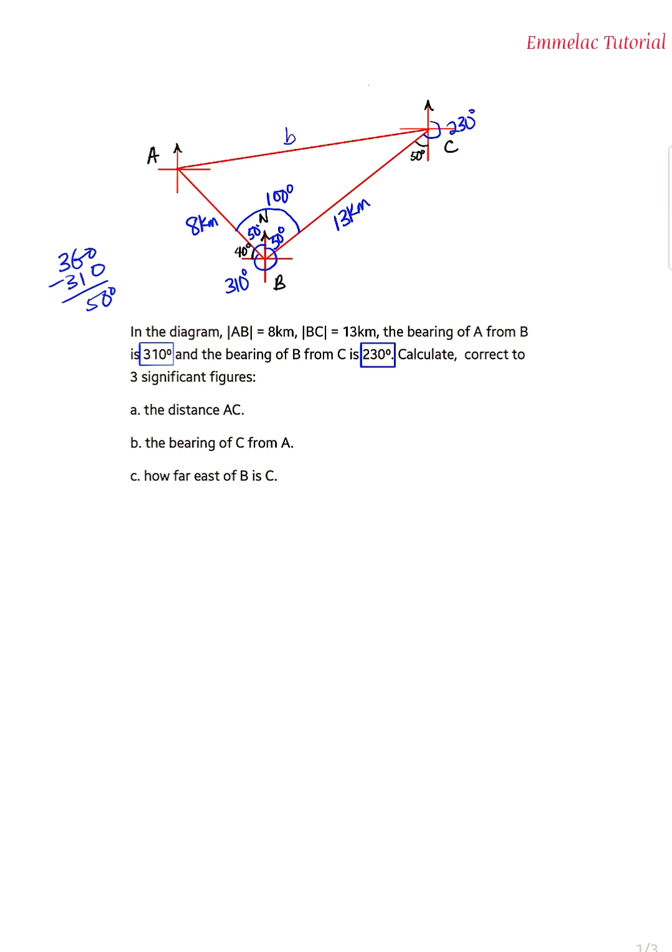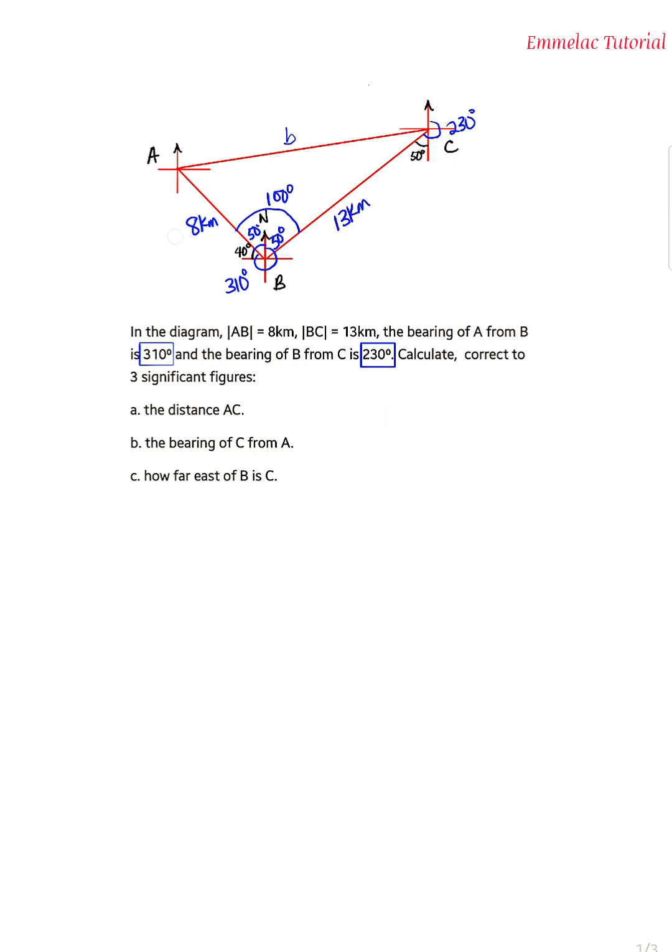Take note, we're actually looking for the distance AC, so let us make this small b. Now we have two sides known and one side unknown, with a known angle, so we just make use of the cosine rule.